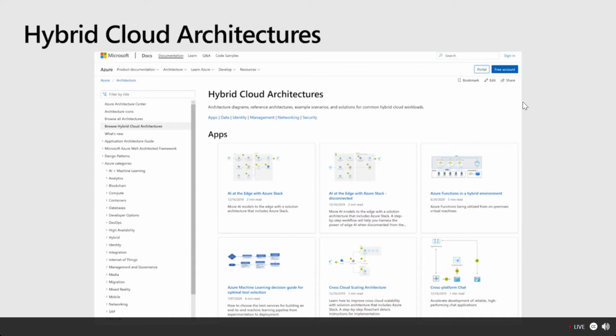It doesn't mean that's the only way of solving the problem, but it gives you a look. If you've got this particular scenario, this is how you can take an off-the-shelf solution and start to tinker with it by yourself. And in the slide is a screenshot of the hybrid cloud architectures page.